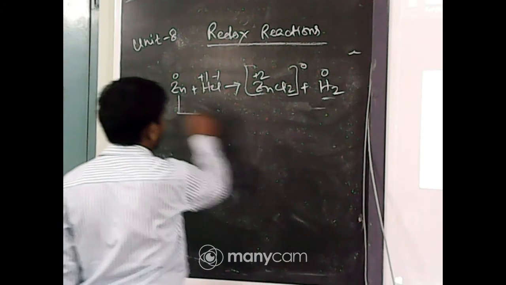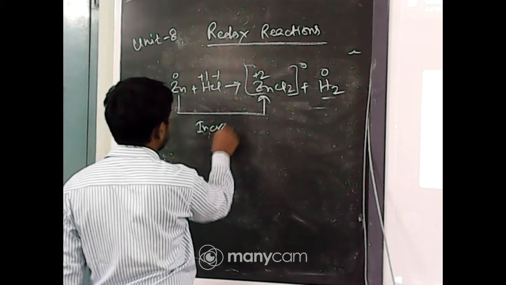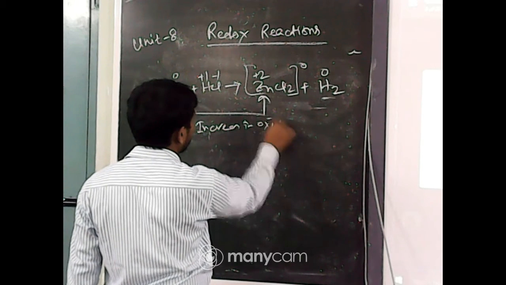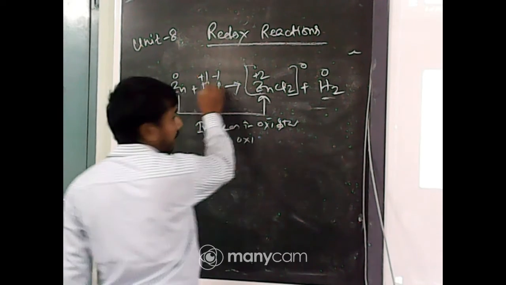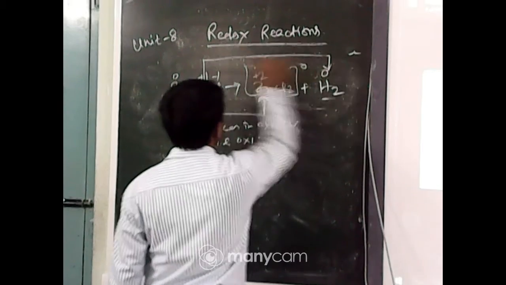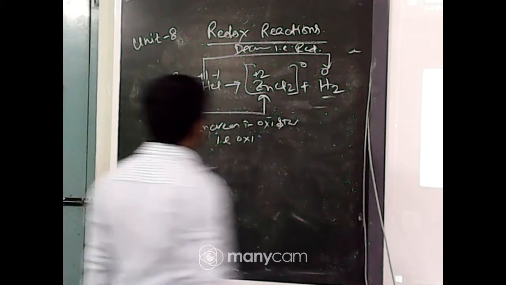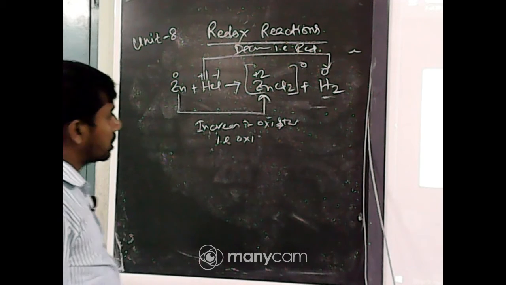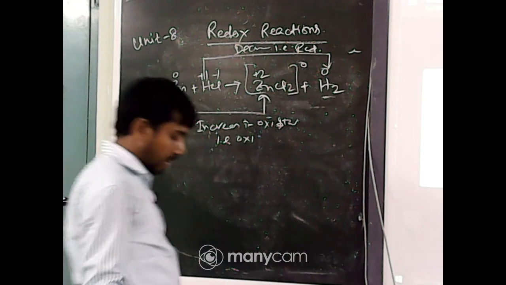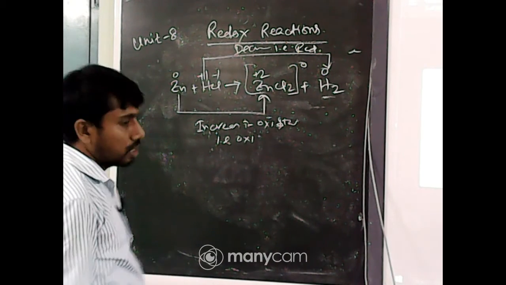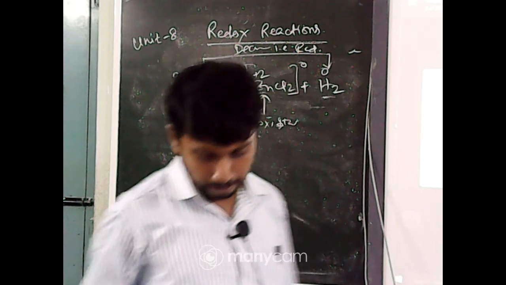So zinc goes from 0 to +2, an increase in oxidation state, that is oxidation, and hydrogen shows a decrease in the oxidation state, that is reduction. So zinc is oxidized to zinc chloride and HCl is reduced to hydrogen. So here we can see both oxidation and reduction occur simultaneously.